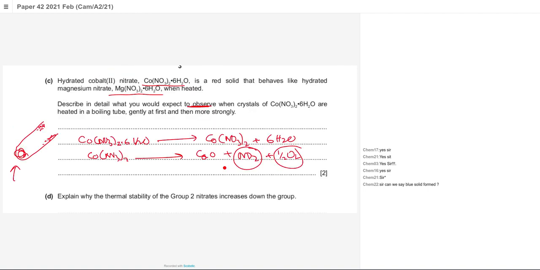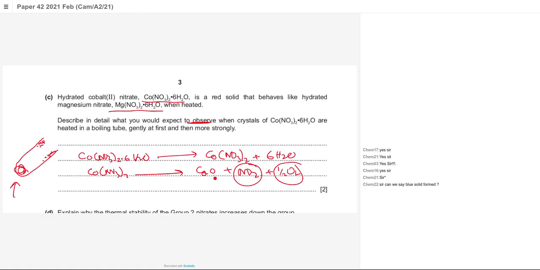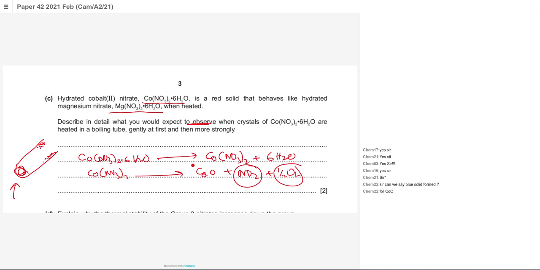Can you say blue solid formed? If you say blue solid formed for calcium oxide, we are not sure about the color. This is cobalt oxide, so you don't need to mention the cobalt oxide color. If you are sure of the color, then you can mention it.